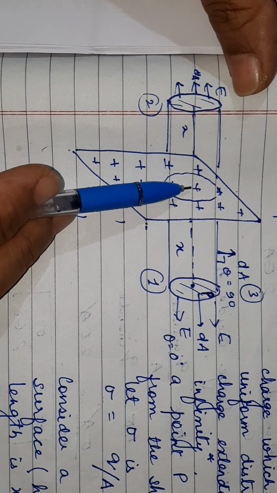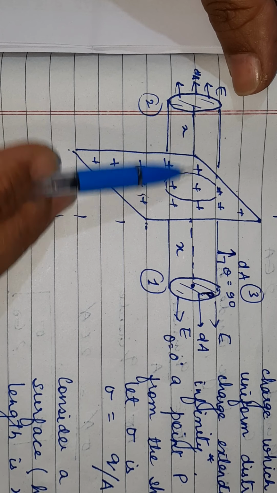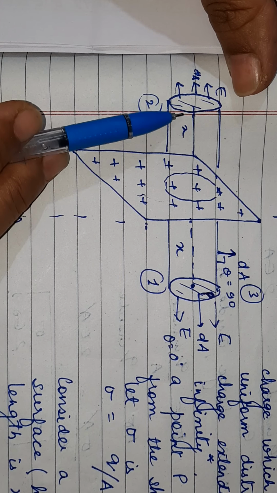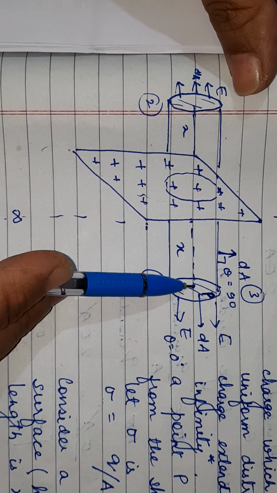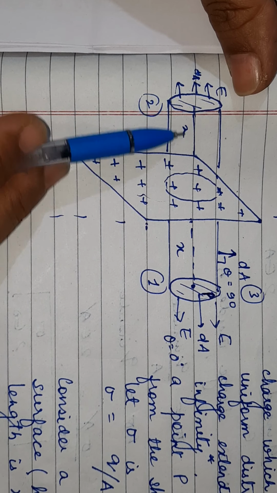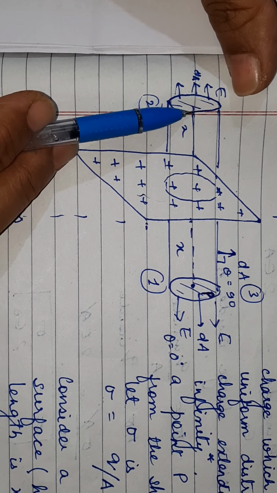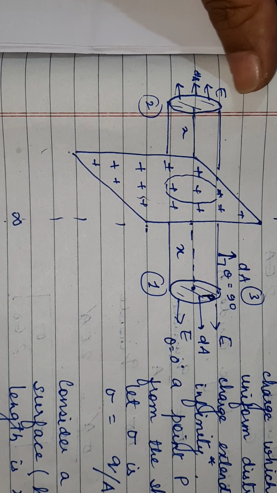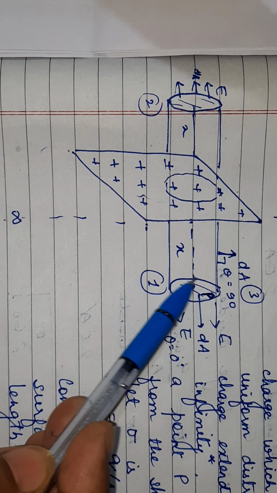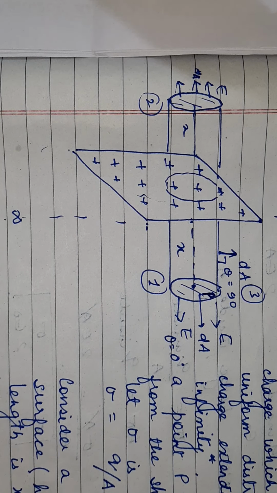On both sides of the sheet we have to consider this Gaussian surface. From this side it is at distance x, from the other side also it is at distance x, so x plus x, it will be 2x. Let the area of cross section be A.